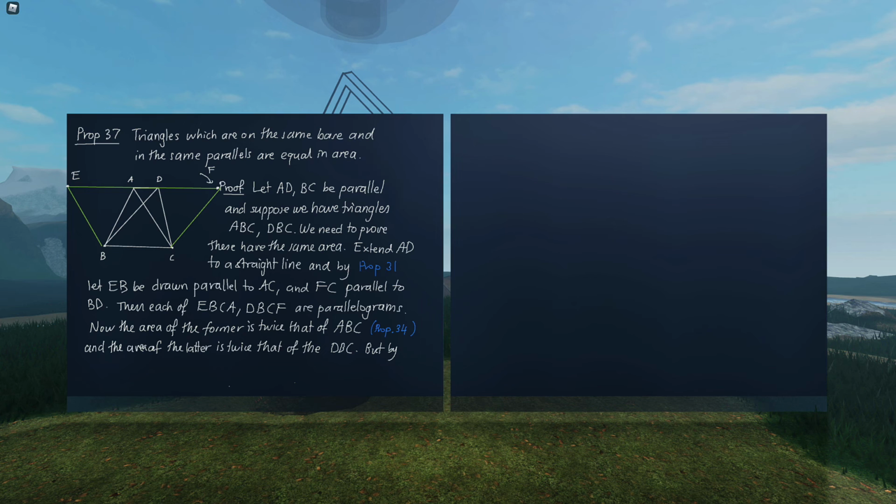But by, I guess this is proposition 35, we don't need the most general version. So those two parallelograms share a base, let's say BC, right? EBCA and DBCF share the base BC, so by proposition 35, they have the same area.